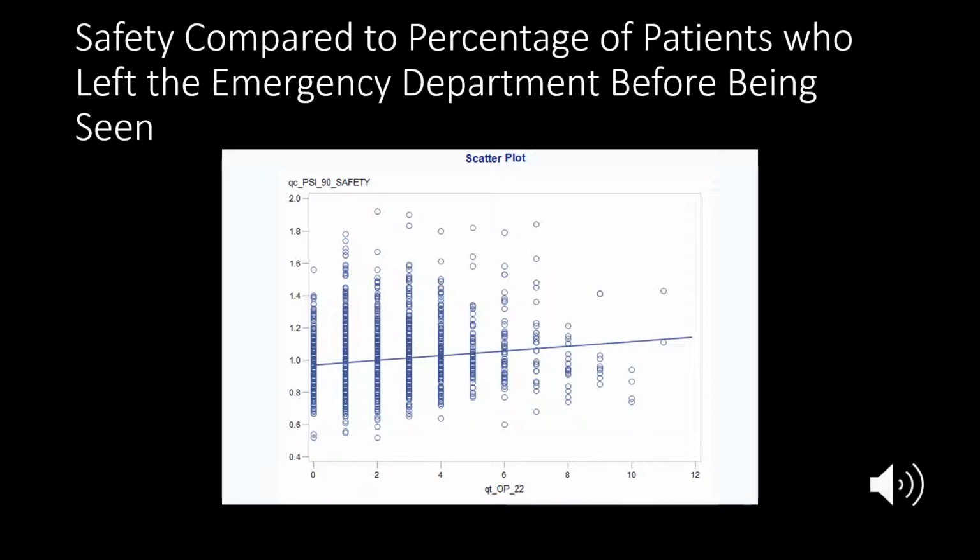So this means that when the percentage of patients who left the emergency department before being seen by a physician increases, then the number of patient safety complications also increases.